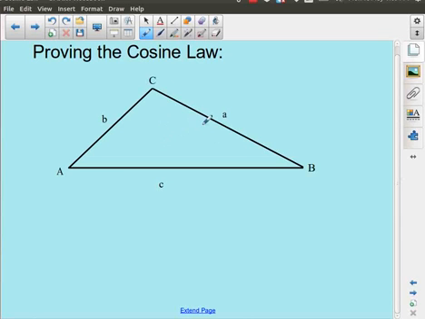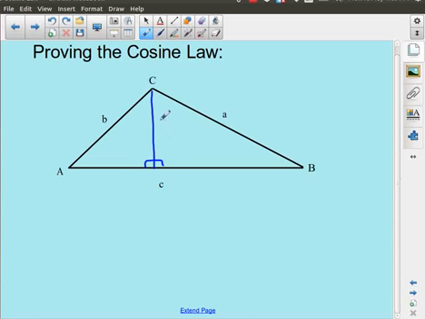To start with, what we end up doing is just like we did with the sine law, which is to split this into 2 right triangles. But the thing that's going to be different here is that as I work through these things, I'm also going to make use of the Pythagorean Theorem.